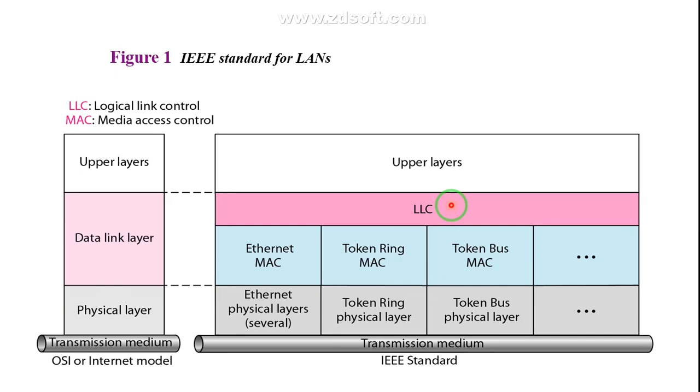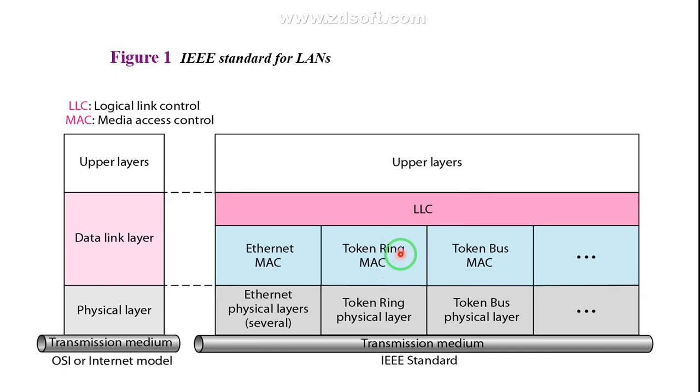So in IEEE project 802, flow control, error control and some part of framing duties are collected into one layer called the LLC layer, logical link control. And framing is handled in both the LLC as well as the MAC layer.